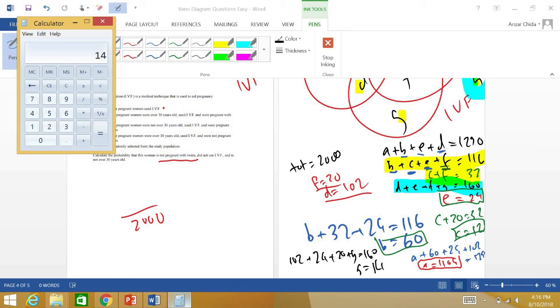Okay, and we know that the grand total is 2,000, so let's add all our letters up and see how close we get to 2,000. Right, and the remainder will be H. So let's add up all those letters.